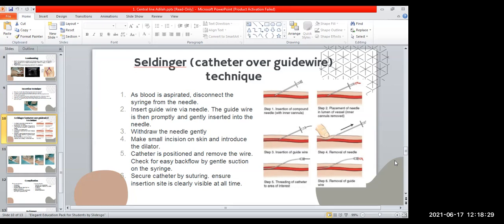wire. Very dangerous if you miss the wire and let it go inside the vein or artery, which is a central one, and you need to go for a vascular surgeon urgently to remove it. So that's why we must be very cautious, okay?